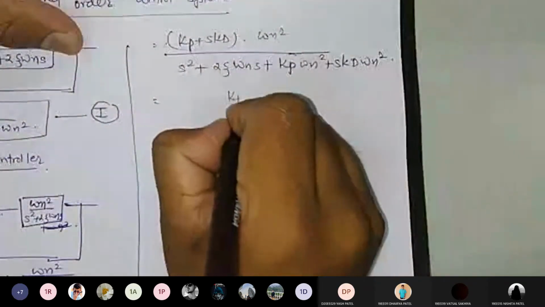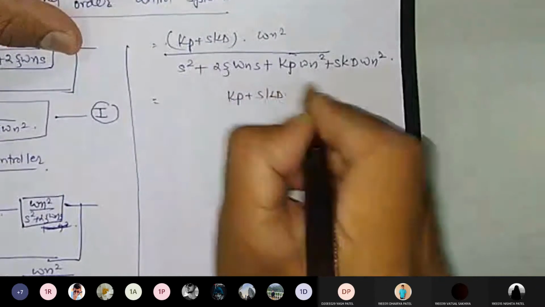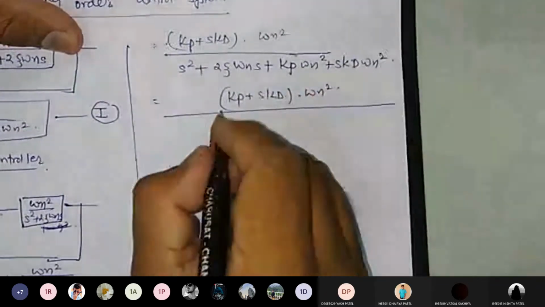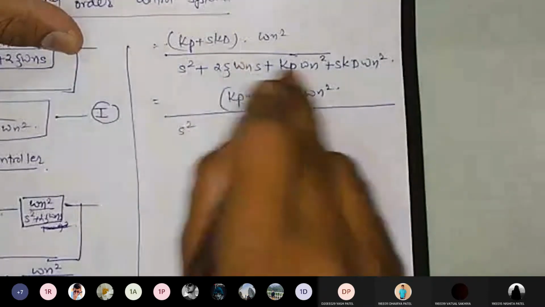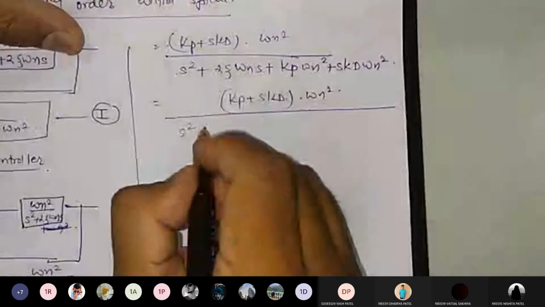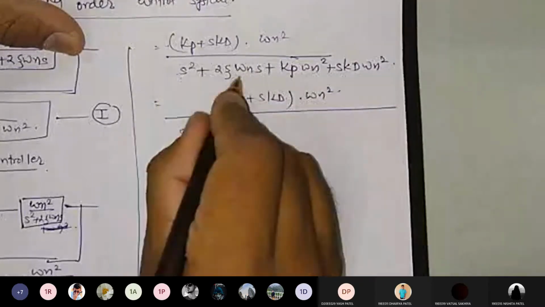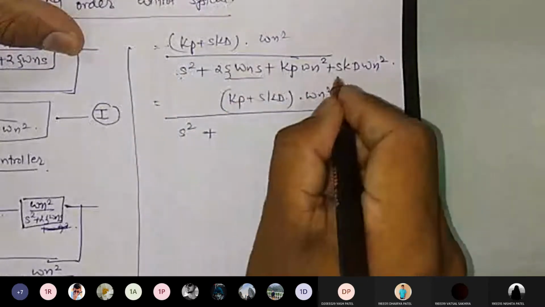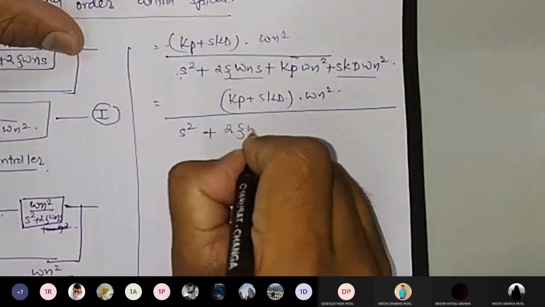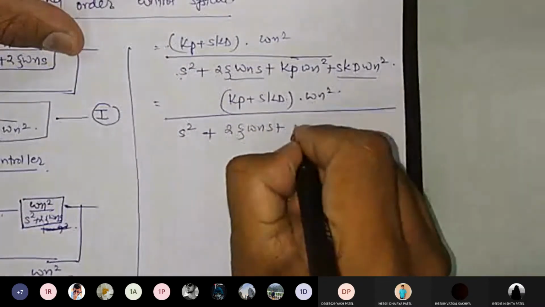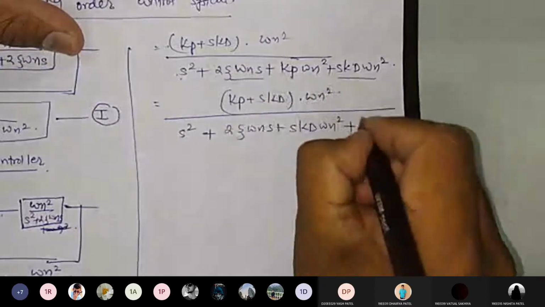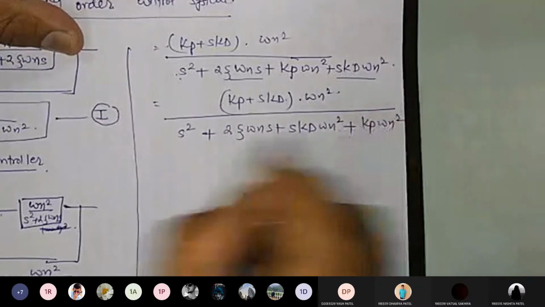So Kp plus sKd into omega n square divided by s square. I will rearrange this by the highest power of s, then decreasing, and then the constant. How many s square terms are there? Only one. How many s terms? Two. First one is this and second one is this: 2 zeta omega n s plus sKd omega n square. Now which one is remaining? Kp into omega n square.